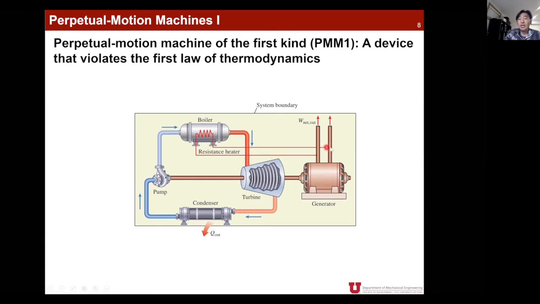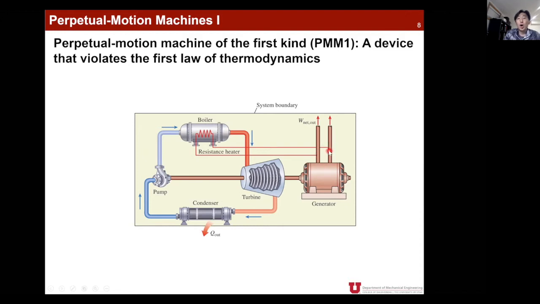Then he devised a resistance heater in the boiler, and he proposed to heat up this resistance heater using the electricity supplied from the generator.